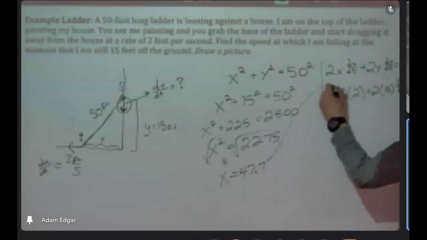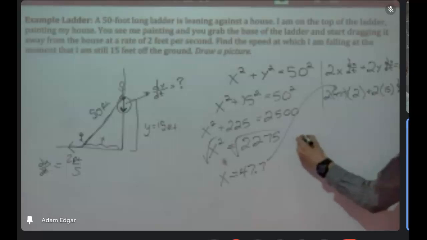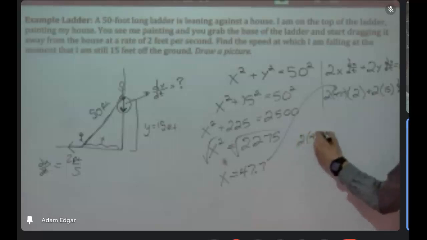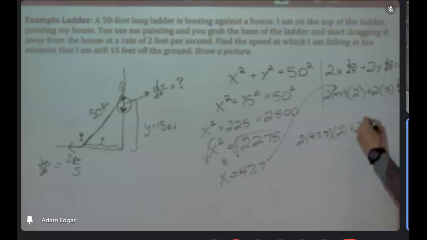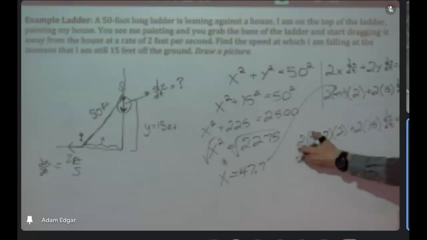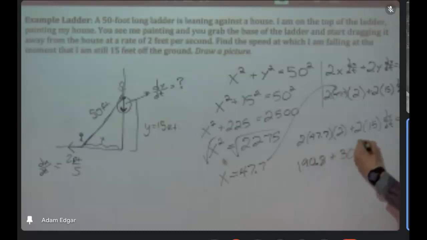Plug it in here. So we have 2 times 47.7 times 2 plus 2 times 15 times dy/dt equals 0. So what's 2 times 47.7 times 2? 190.8. That's plus 30 dy/dt.